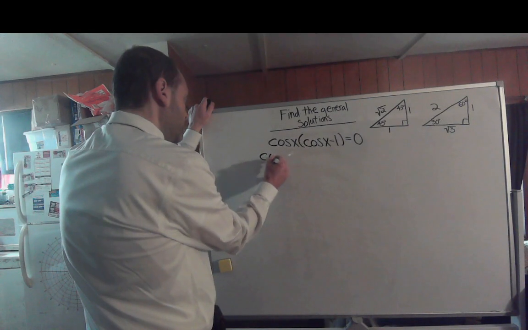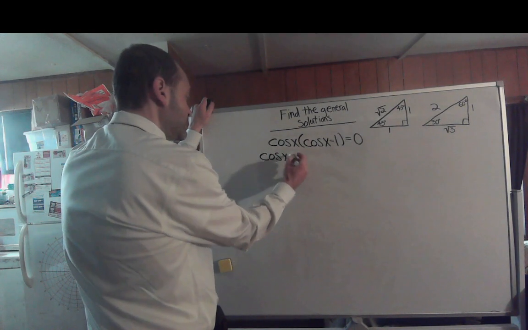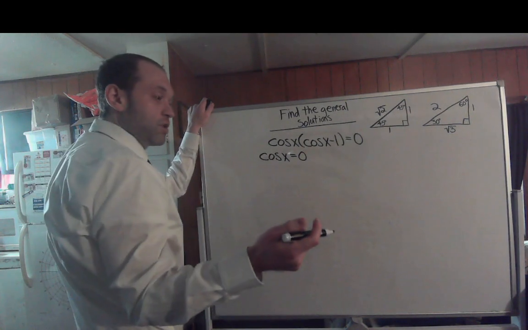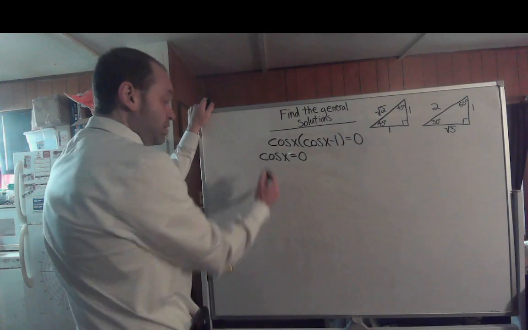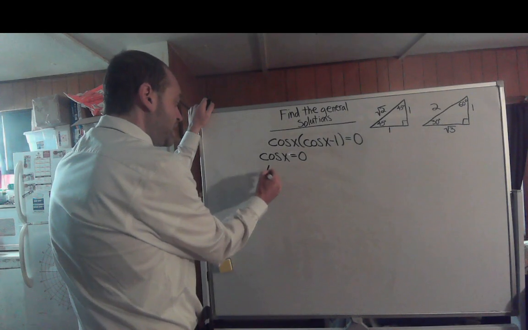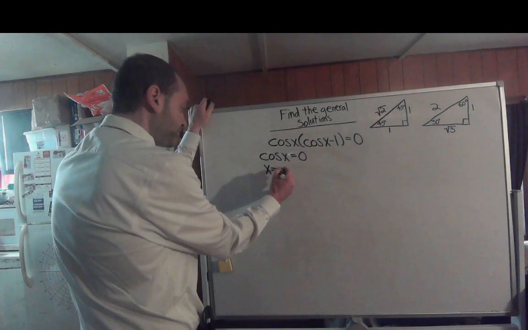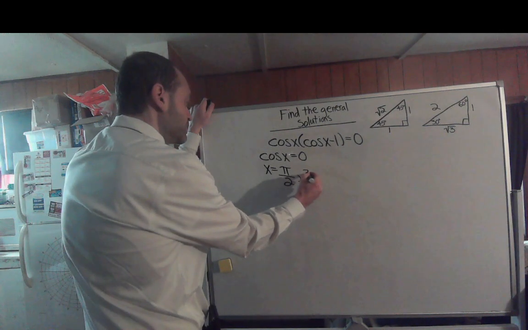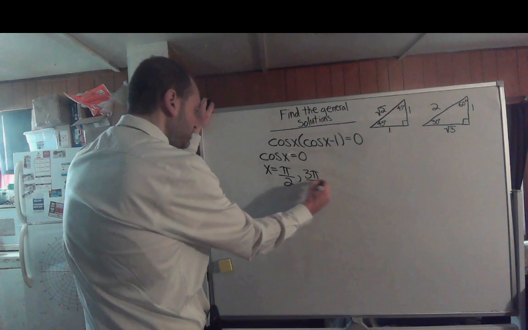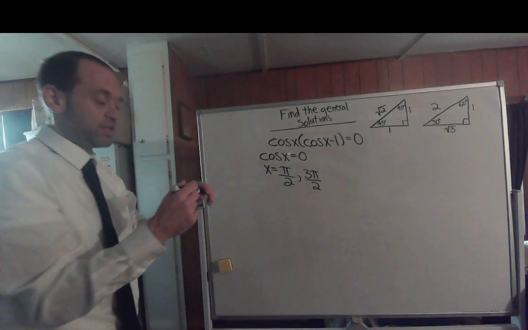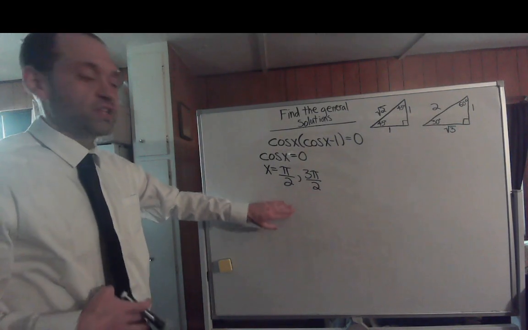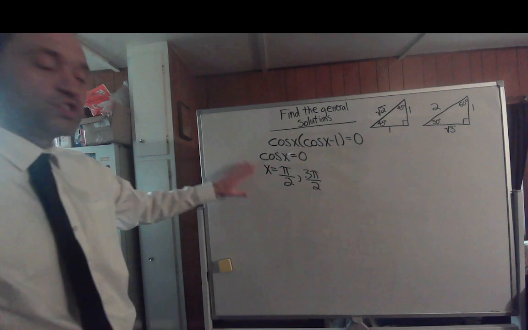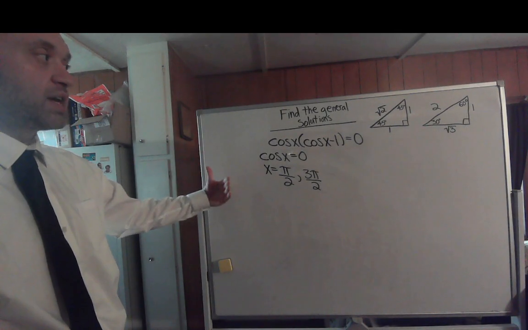So if you set the cosine of x equal to 0, when is the cosine 0? Well, that's going to be pi over 2 as well as 3 pi over 2. It's okay to initially write out what the solutions are in the interval from 0 to 2 pi, but we'll refine it once we determine any extraneous solutions.